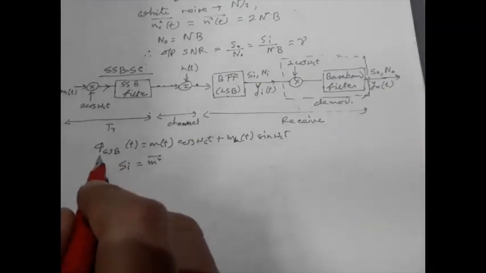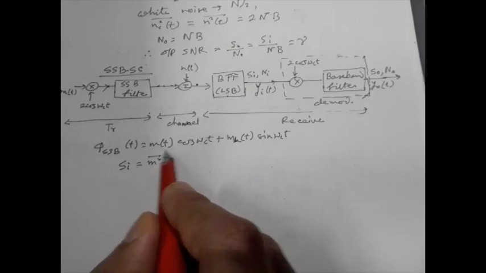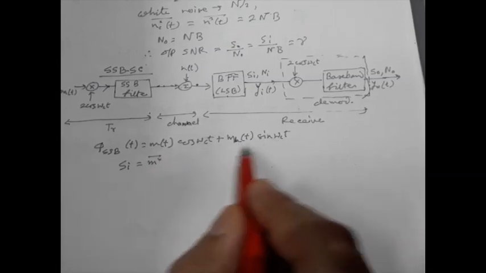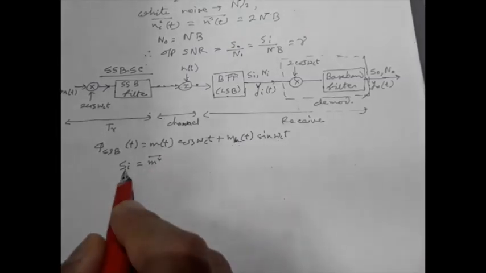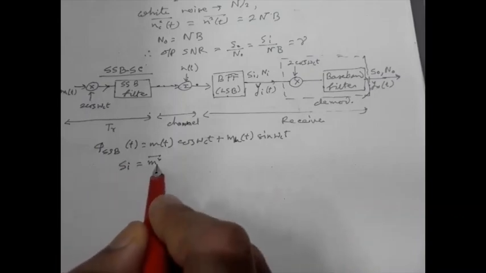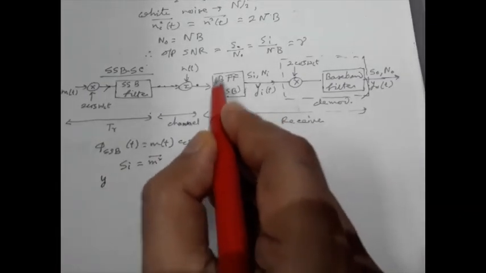Now the SSB signal can be written as m(t) cos ω_c t plus m_h(t) sin ω_c t, where m_h(t) is the Hilbert transform, and S_i(t), the input signal power, is m² bar.